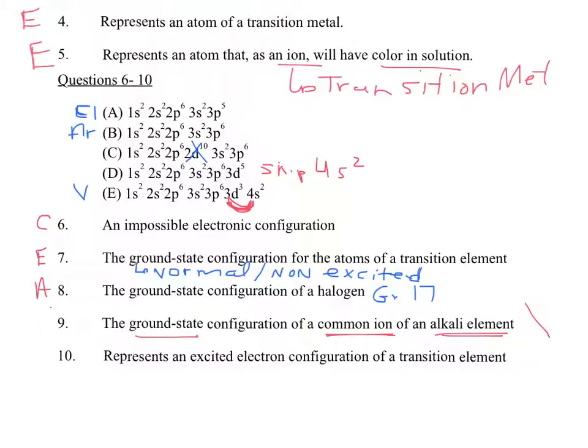If it's an alkali element, what group is that? Group 1. So what's this ion charge? +1. Do you agree? If it's plus, is it gained or lost? It's lost an electron. So this electron configuration would have to represent an atom that has lost an electron.